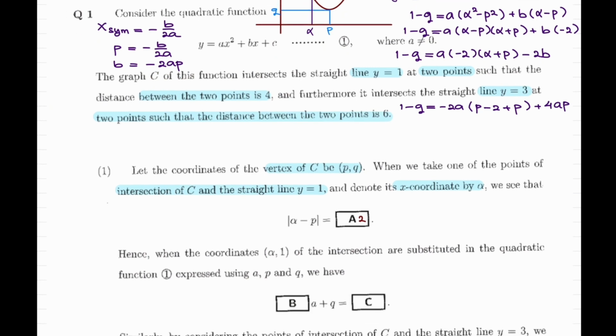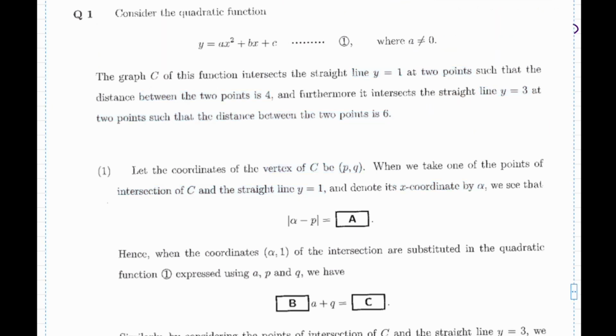You can simplify it. 1 minus q is equal to p plus p is 2p. 2p times negative 2a, you have negative 2ab. Negative 2a times negative 2, you will get plus 4a. And then plus 4ab.